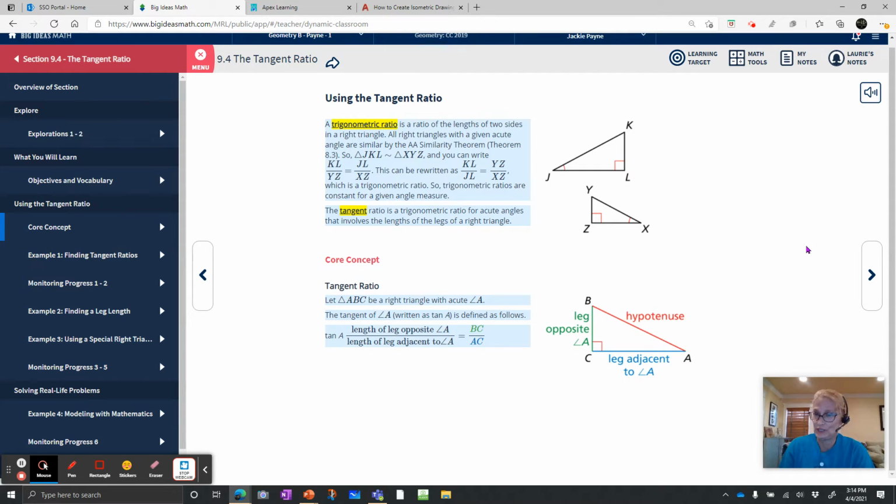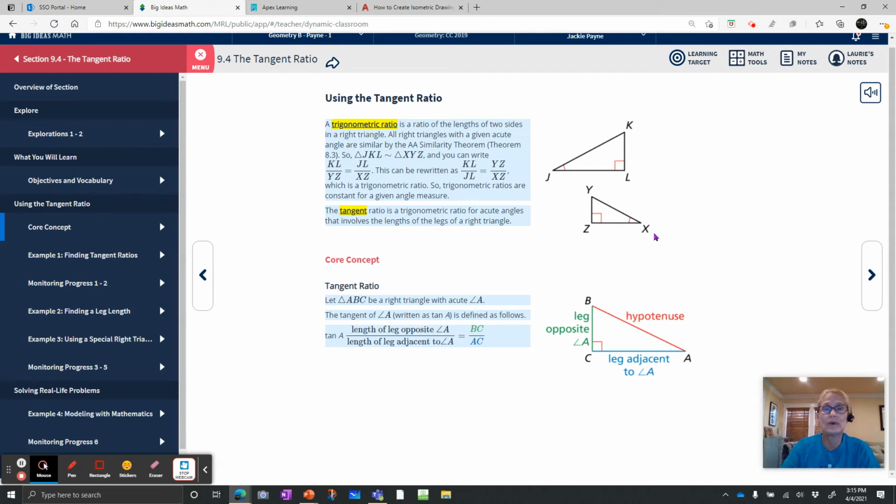A trigonometric ratio is a ratio of the lengths of two sides in a right triangle. All right triangles with a given acute angle, so the smaller angles, not the right angle, are similar by the AA similarity theorem. That's theorem 8.3. So we know that in this diagram, triangle JKL is similar to triangle XYZ. And you can write KL over YZ, so the side over the side, is equal to JL over XZ, the bottom over the bottom.